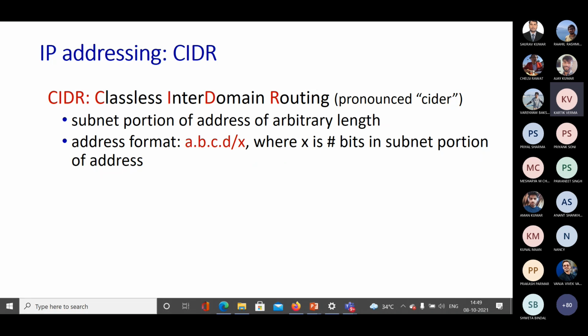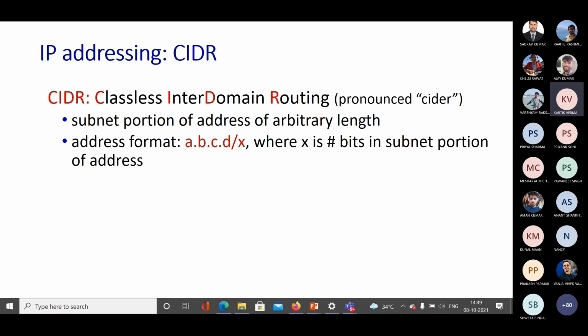Now this representation of the subnet part and then the host part of a given IP address falls under a classification which is known as CIDR, or classless interdomain routing. Okay, it is pronounced as CIDR.